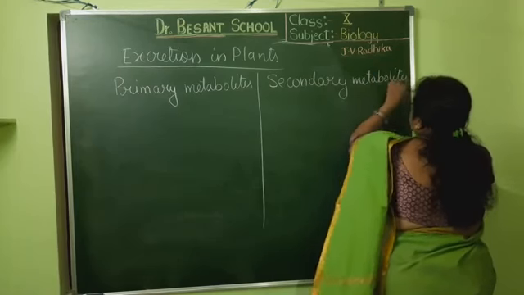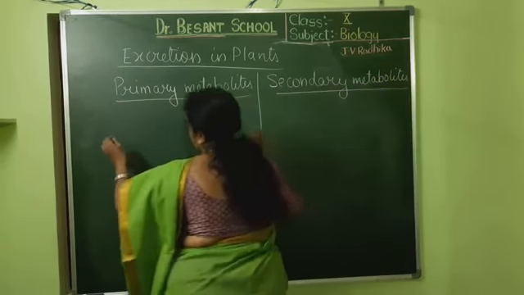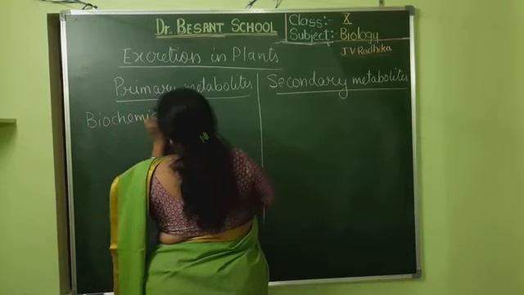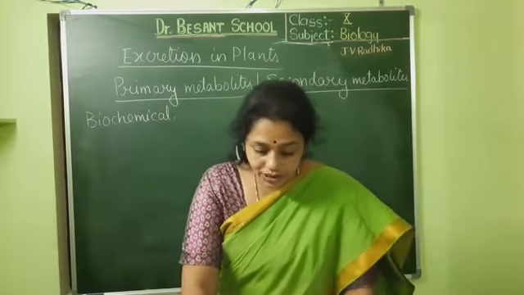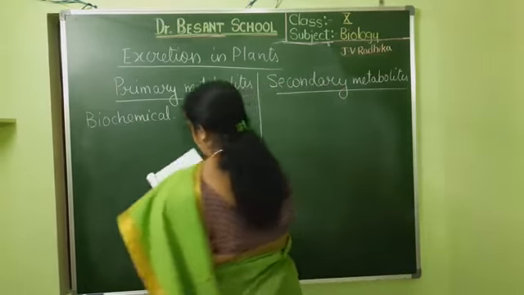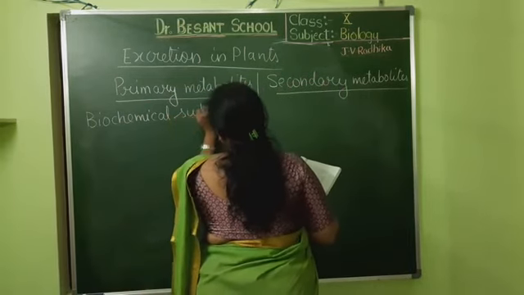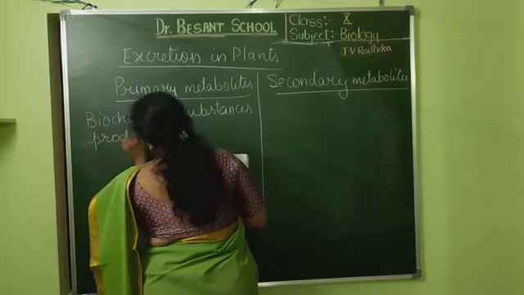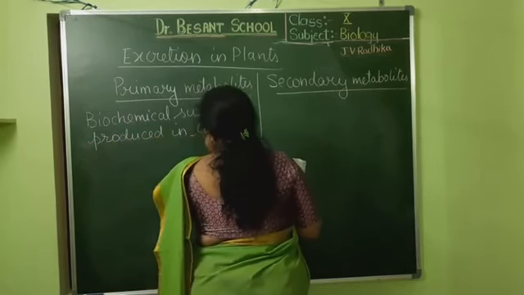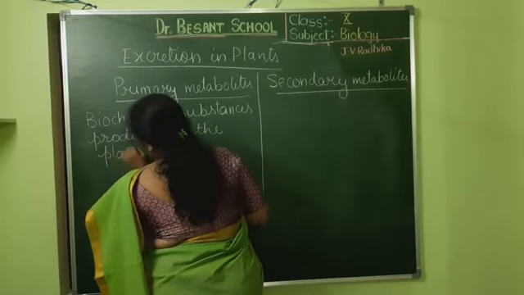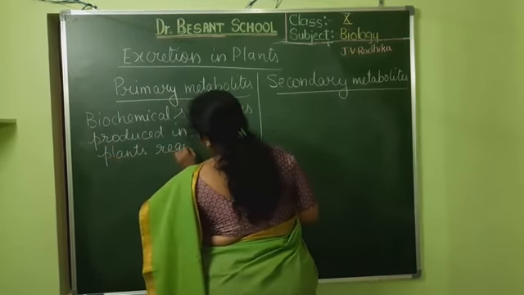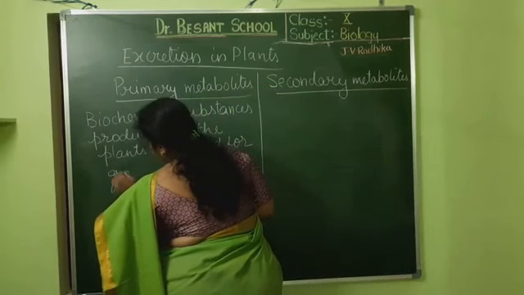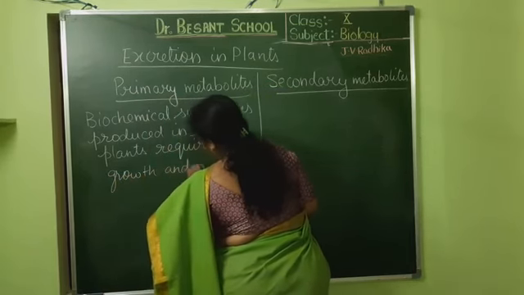Okay, children. Primary metabolites are the biochemical substances produced in the plants required for growth and development.